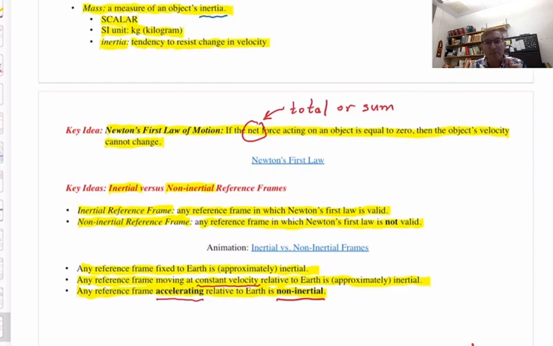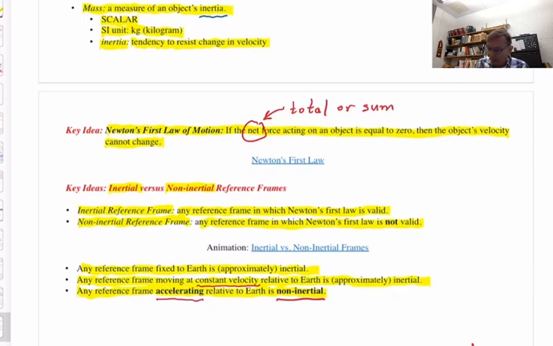And we saw in frame B that Newton's first law wasn't valid. Okay, so we're always going to be applying Newton's first and second laws, doing dynamics in what are called inertial reference frames, one fixed to the Earth, the ground, or a frame moving at constant velocity relative to the Earth.